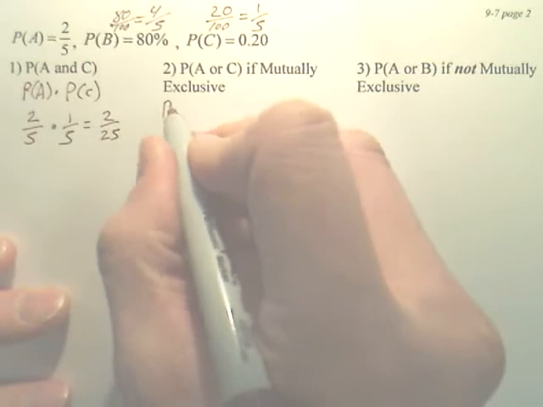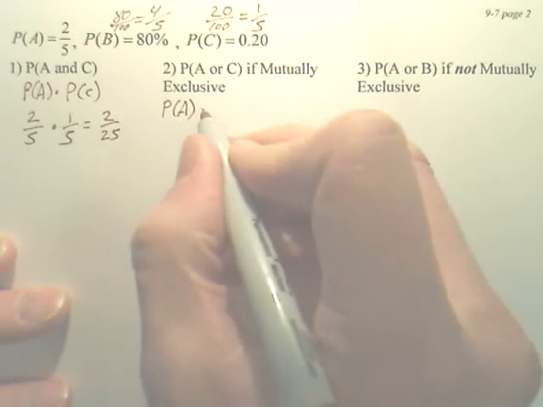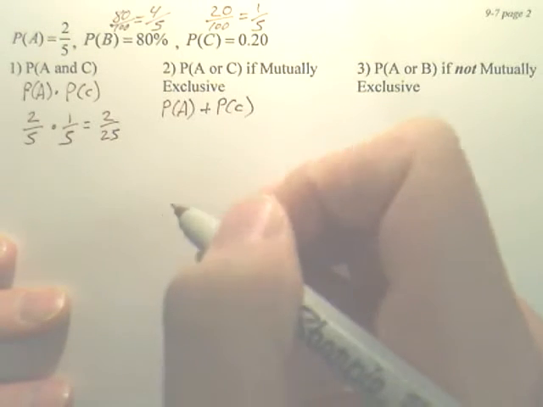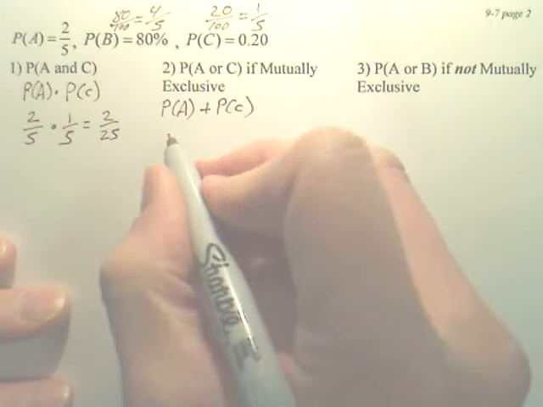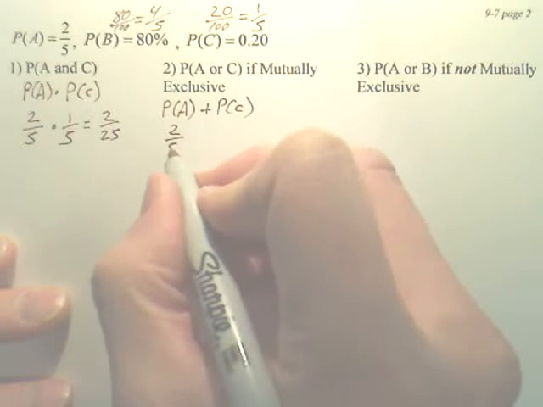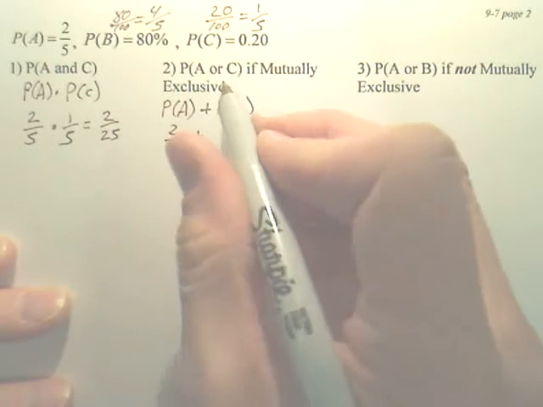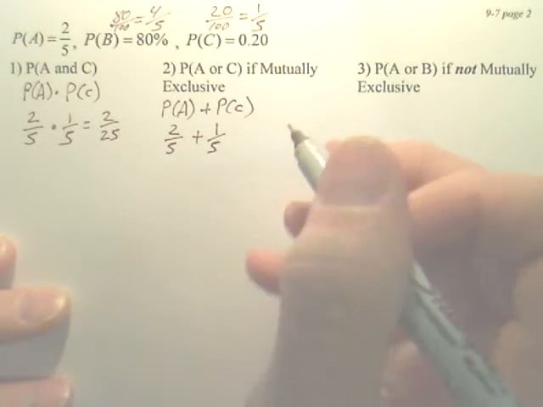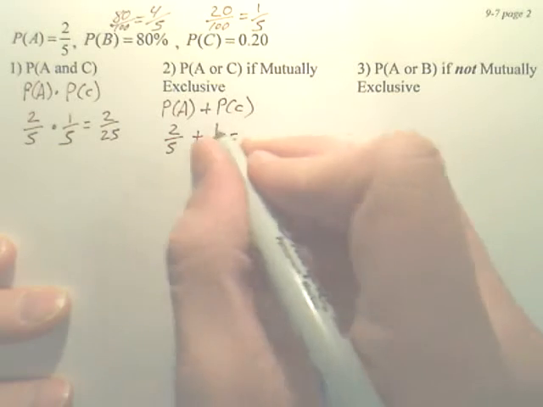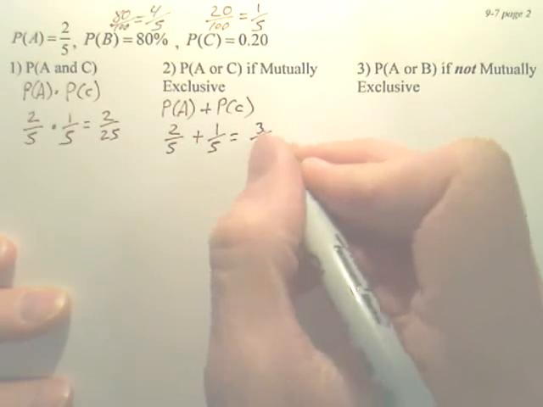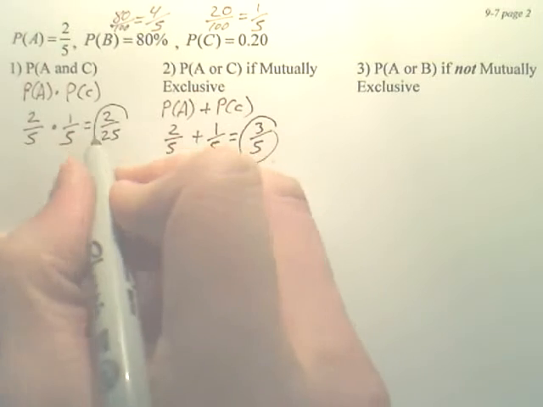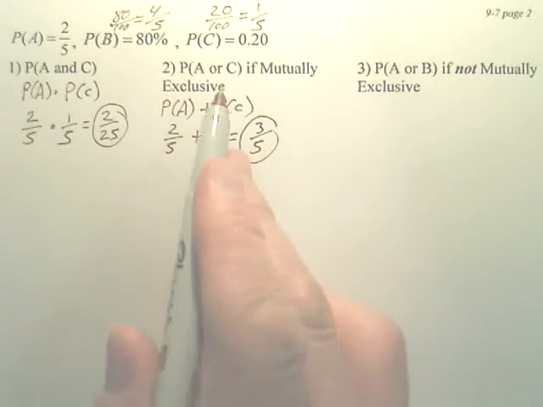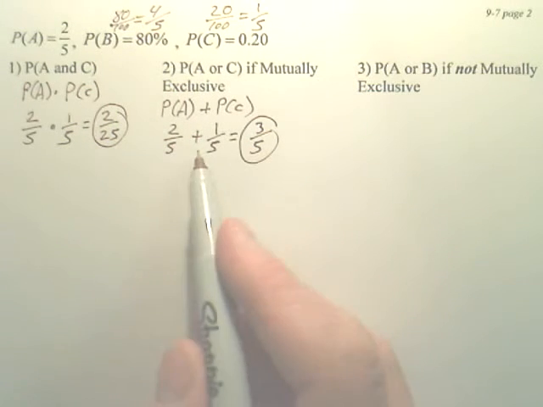No. So simply this is going to be probability of A plus probability of C. A is 2 fifths, and C is 1 fifth, and all we do is add these. 2 plus 1 is 3, keep the bottom, 3 fifths. So for the probability of A or C, you add the two.